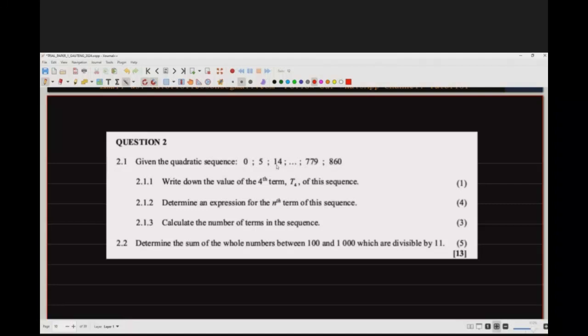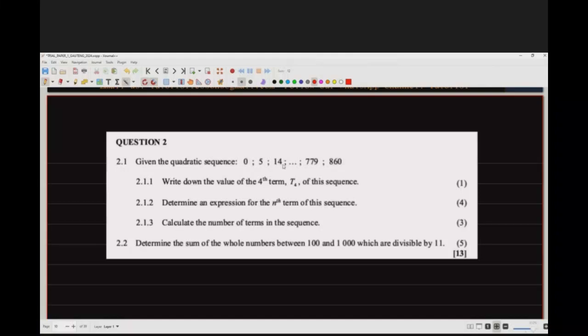Of 9, sorry. That's 5, and then a difference of 9. The next one, we can expect it to be a difference of 13. So that means that this is going to be 14 plus that difference, going from 14 to the next number.